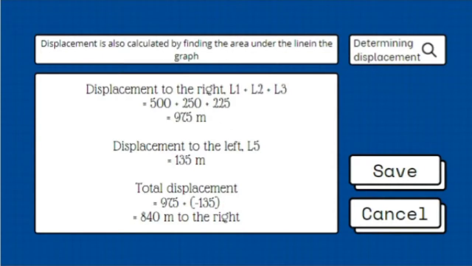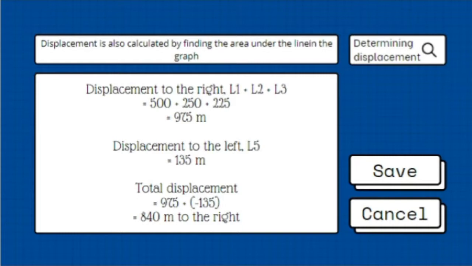Next, determining displacement. Displacement is also calculated by finding the area under the line in the graph. For example, displacement to the right is L1 plus L2 plus L3, so it should be 500 plus 250 plus 225 equals 975 meters.